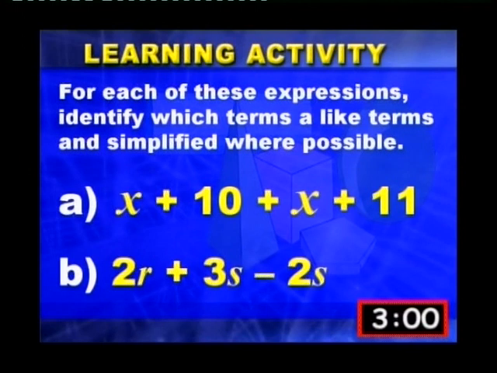Now, learning activity B. Let us identify the like terms. Which terms are like terms so that you can simplify? 3s and 2s are like terms, so you can simplify, either subtracting or adding, depending on the sign, which is the operation given.